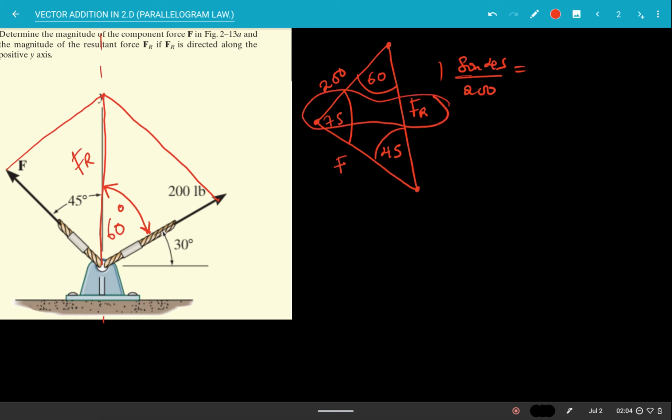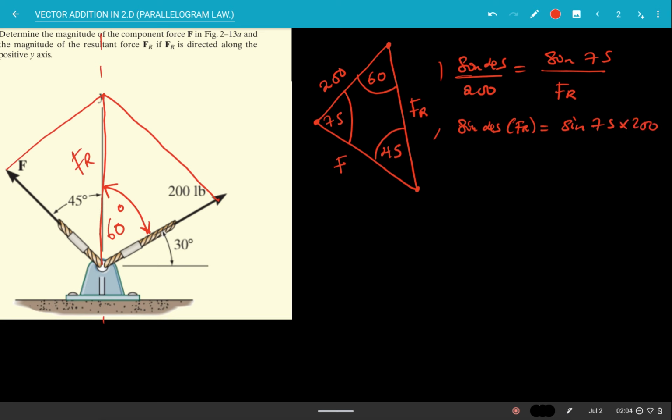The resultant is in that portion, so I'll say sine 75 over FR. Then I'll just do some cross multiplication, but don't ever show that. That simply means that you've cancelled. Just do the cross multiplication in your head. So this will be sine 45 times FR is equal to sine 75 times 200.